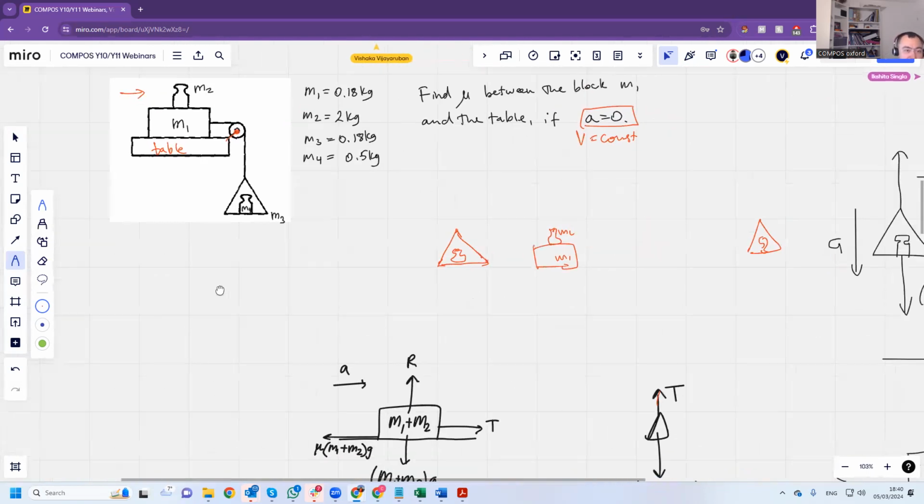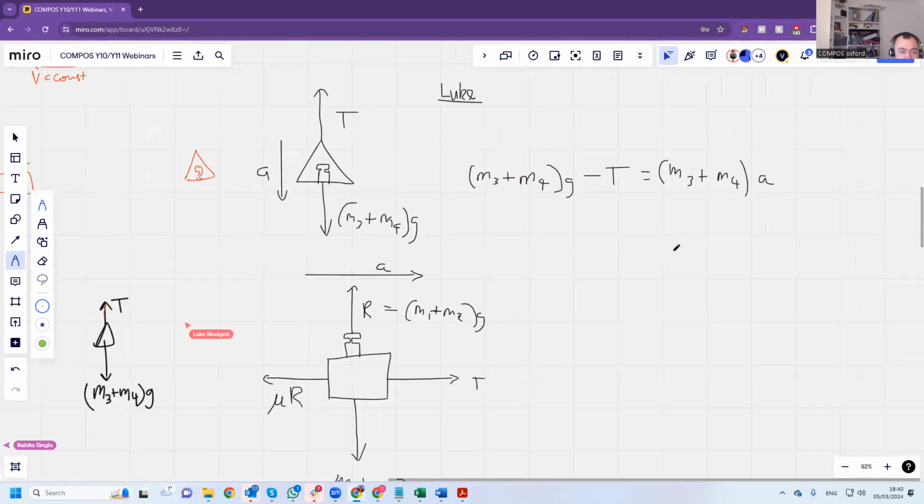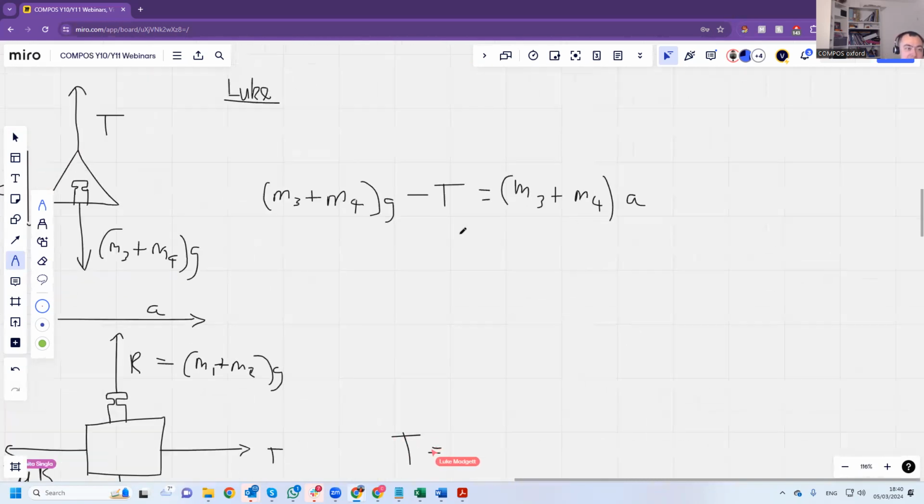Well done. So here I will continue Luke's system. This is equal to 0 because acceleration is 0. That means that the tension is equal to M3 plus M4 g.